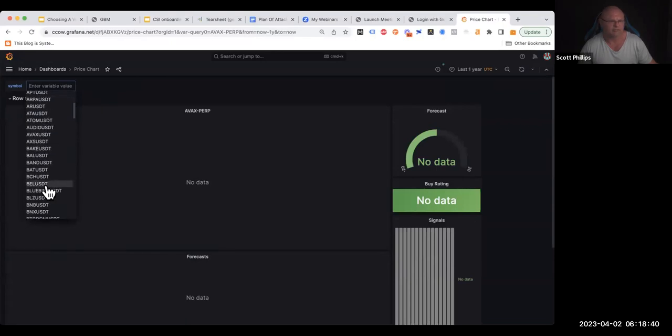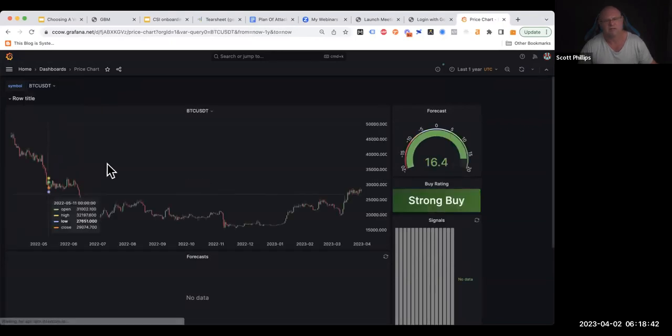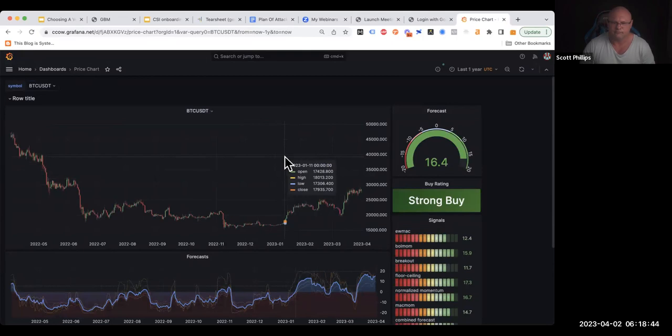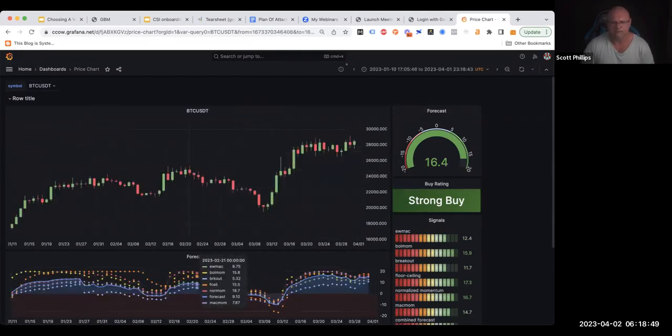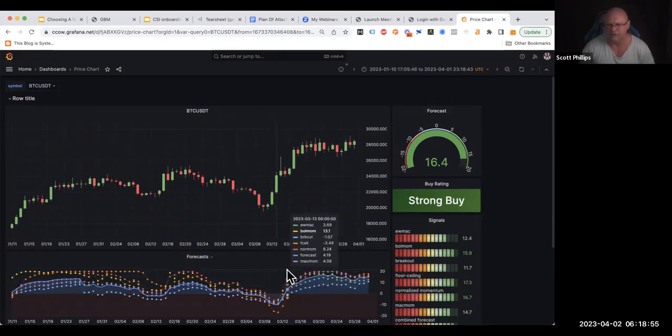Let's look at Bitcoin. Let's look at it recently. All of the dots are a different signal. Our 6 different signals are blended. I'll cover the weighting in a moment. The top one is exponentially weighted moving average crossovers.